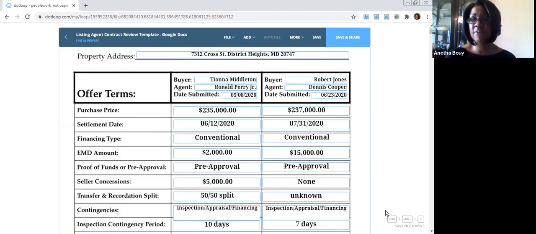In fact, sometimes it works against them. So all we can do is give them the information that we've gathered. They, in the end, are going to make the decision as to how much they want to list their property for.